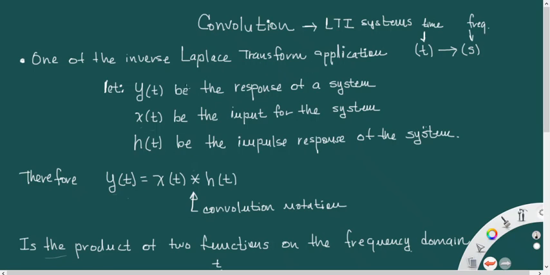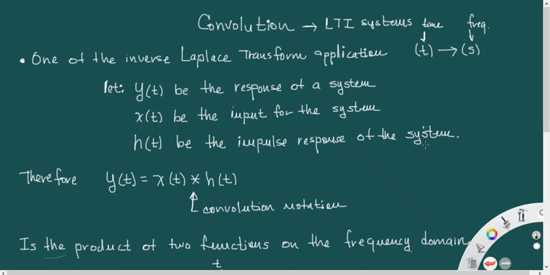For example, let y of t be the response of a system, and let x of t be the input or the excitation signal for the system, and let h of t be the impulse response of the system.